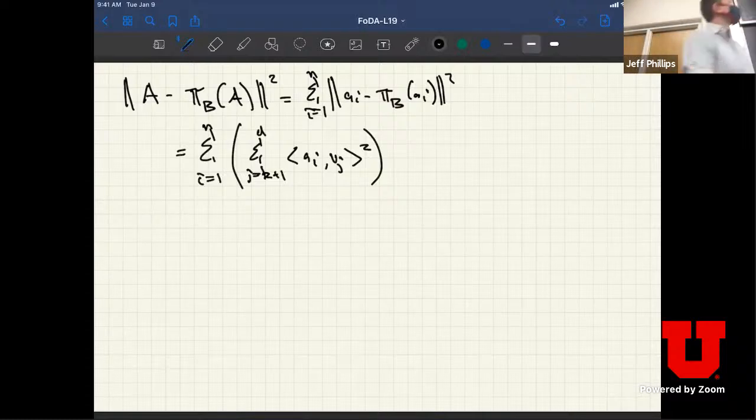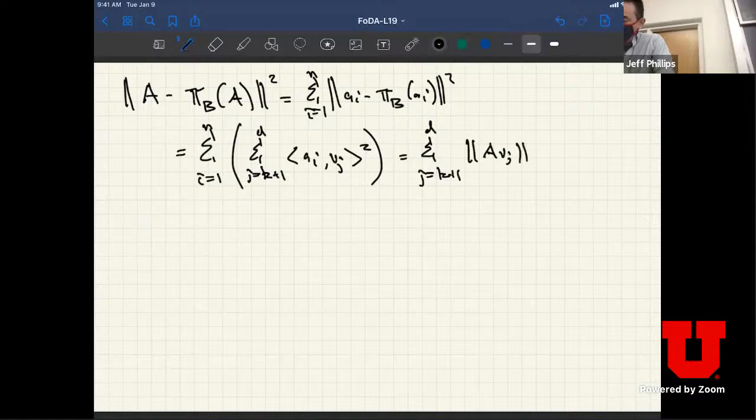That's from the first approximation. Okay. And I can change the order here: j equals k plus 1 up to d. And so I'm putting the sum over n on the inside, and the sum over n is actually the norm of A times vj squared, right? So I've swapped the order of operations here.